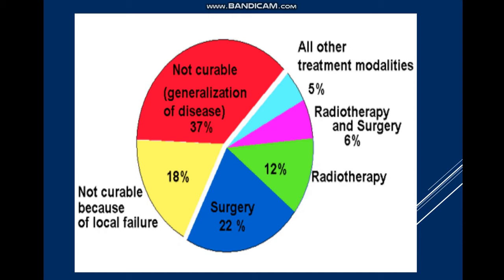Of the 100 patients diagnosed with cancer, 20% will be treated only by surgery, as you can see here, and 15% will be treated only by radiotherapy. Chemotherapy will only be given in 2 to 3% of cases. Combining these methods will increase the chances of successfully treating a cancer.